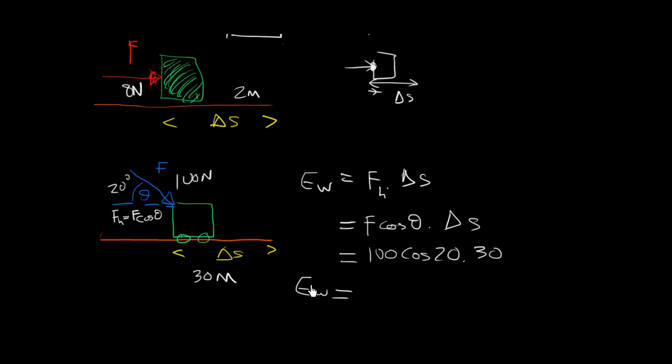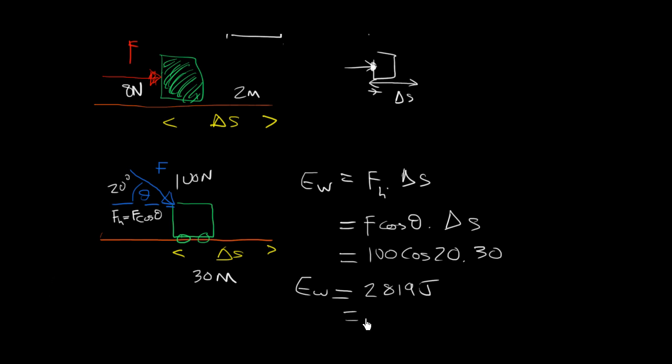So then the work done we can calculate easily with a calculator. I'm going to do just quickly 100 times cos of 20 times 30. That's 2,819 joules.